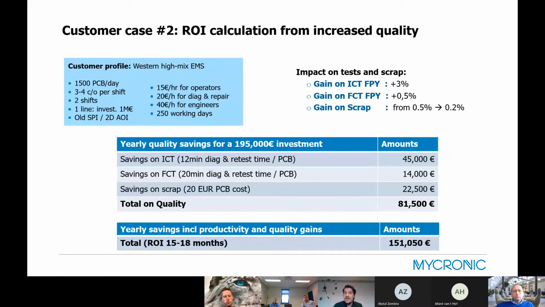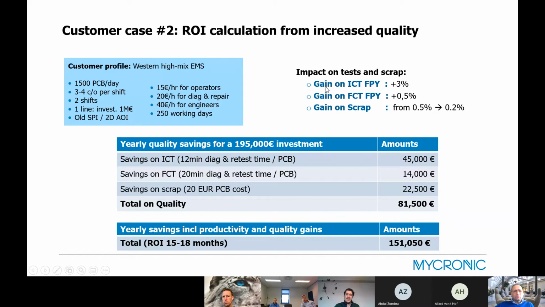And then the question is, why did you invest in inspection systems? The second example again, but this time taking into account the quality increase and not the productivity like before. Here, the same example of the customer again.